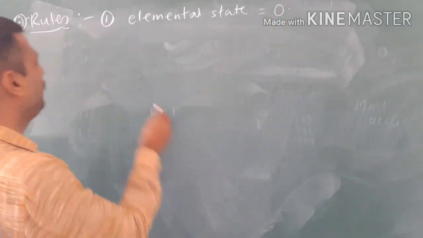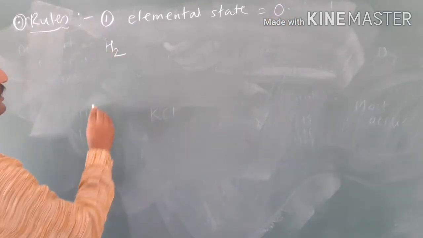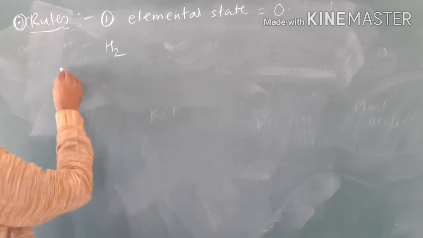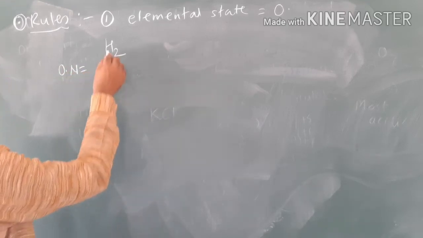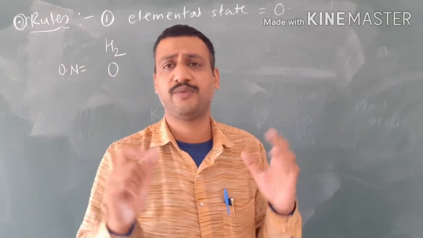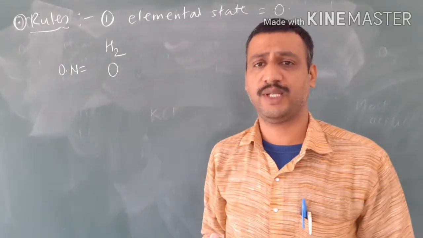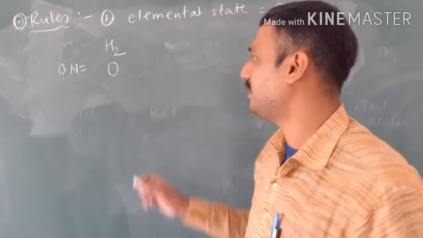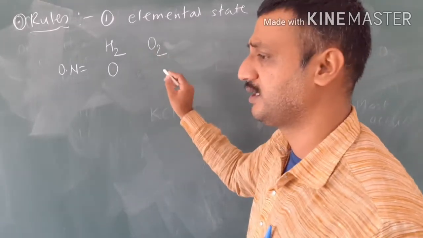For example, what is the oxidation state of hydrogen in the H2 molecule? The oxidation number of hydrogen in H2 is 0, because naturally hydrogen exists in the form of H2.